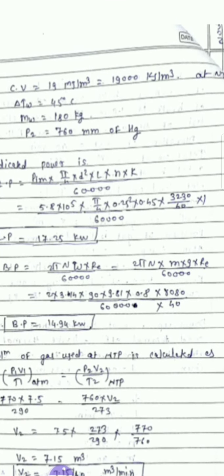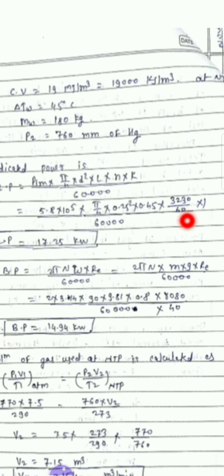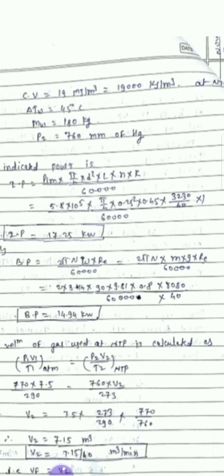That's why we have divided small n 3230 by 40 for the per unit. Into K, number of cylinders, only one cylinder will be there, not a multi-cylinder engine. By using this, we find the indicated power. By the calculations, we will get the indicated power 17.25 kilowatt.